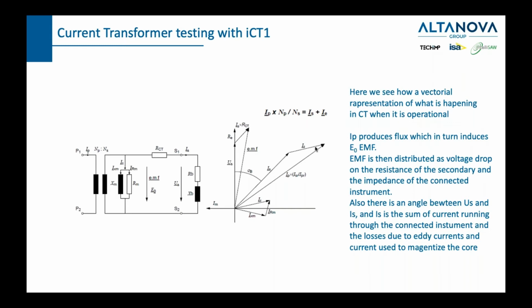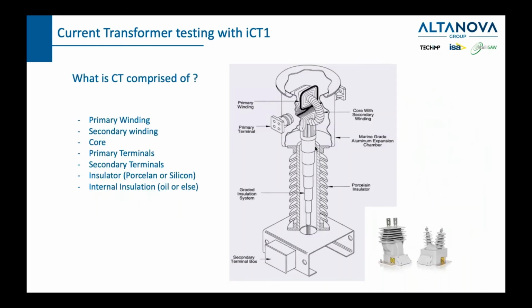But if we talk about inner workings, let us split one current transformer, look inside and see what a transformer actually looks like. If you were to cut a current transformer, the things you would see here are the primary terminals, and these primary terminals are connected, of course, in series.